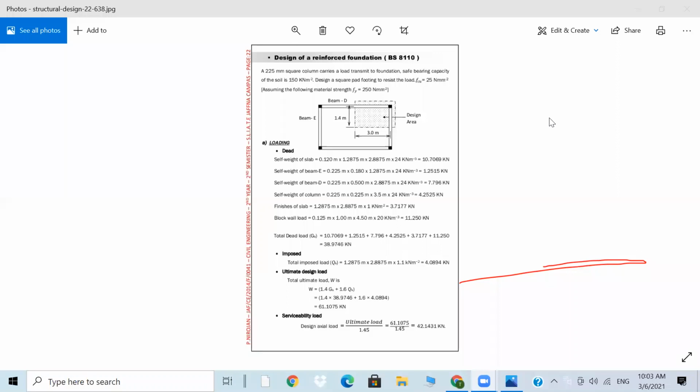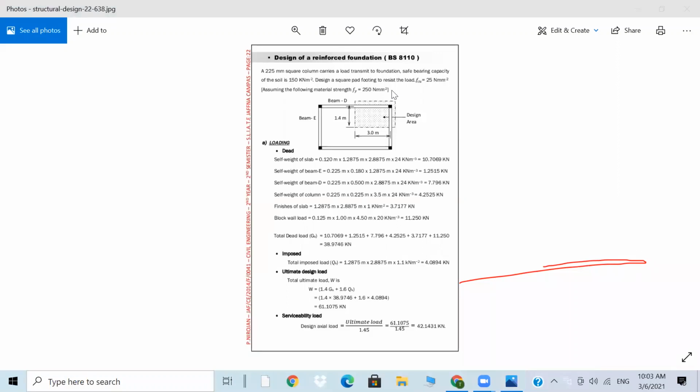Then the other one is self weight of the columns above the beam, then the 0.225, then the finishes of the slab: 1.2875 times 2.8 times 1 kilonewtons per meter square, that becomes 3.71. The block wall is 0.125 times 1 times 4.5 times 20, 11.21.